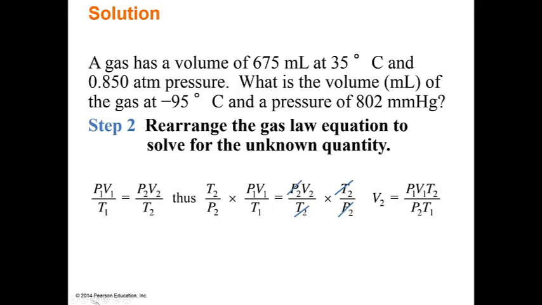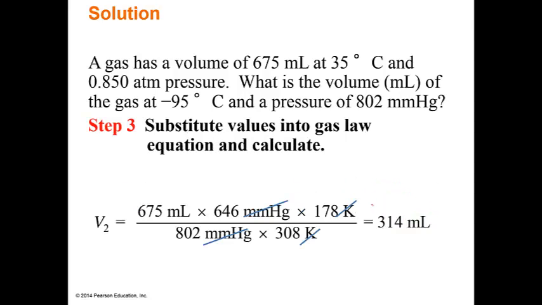Okay, so instead, if we divide by P2 down here and multiply up by T2, that is going to leave V2 alone, and so that becomes P1 times V1 times T2 over P2 times T1, finding that second volume.